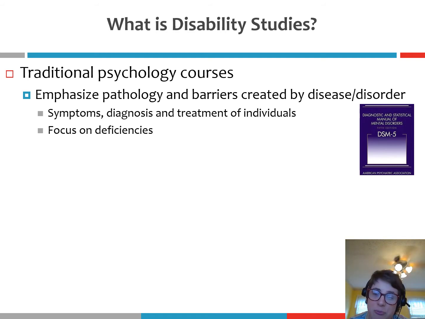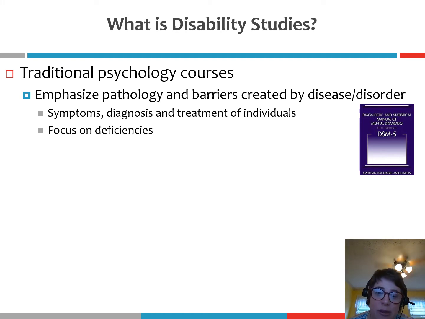So it kind of conceptualizes disability as resulting from a particular injury to the brain or to other environmental things. So for example, psychological injury as a result of trauma or as a result of abuse or something like that. Or brain injury as a result of maybe blunt force trauma or as a result of chemical imbalances or what have you.